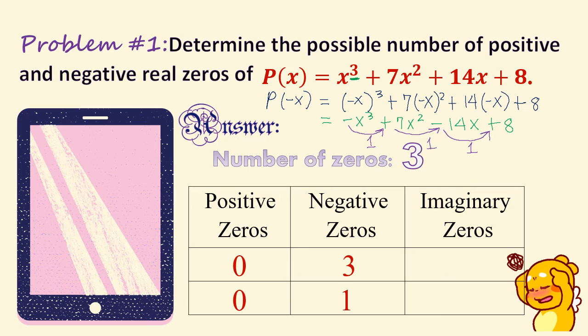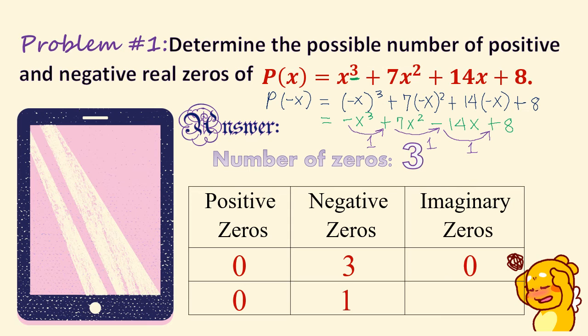If we do have 3 zeros here, let's say our set of answers will be all the maximum data here. So 0 positive zeros and 3 negative zeros. So 0 plus 3 is equal to 3. So it's 3 zeros already. Therefore, there will be no imaginary zeros if that's the case of our answer.